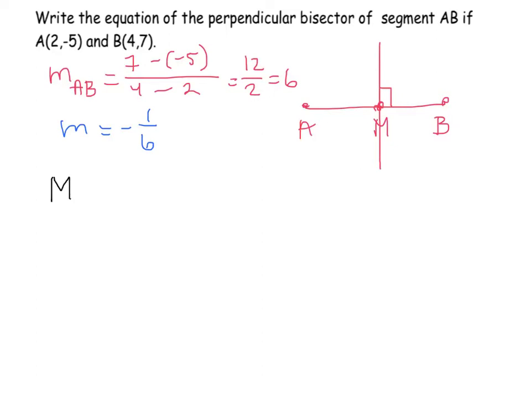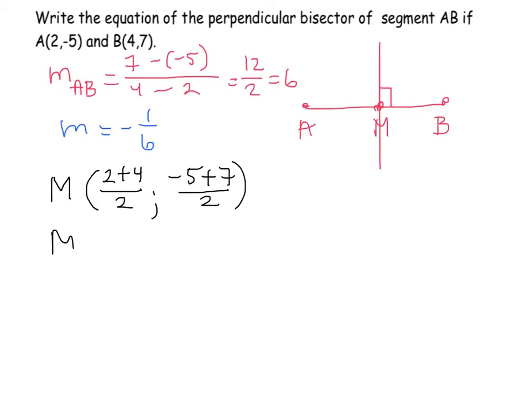The second step of finding the perpendicular bisector is finding the midpoint of segment AB. So to find the midpoint, we are going to say 2 plus 4 over 2, and -5 plus 7 over 2.